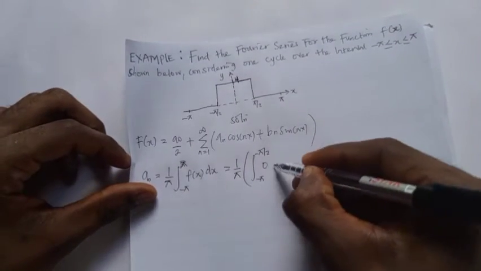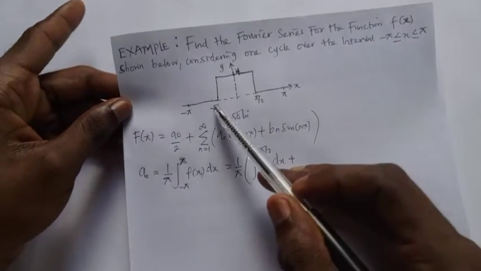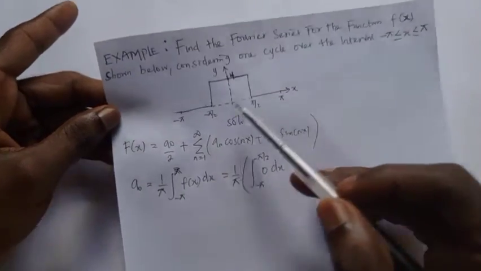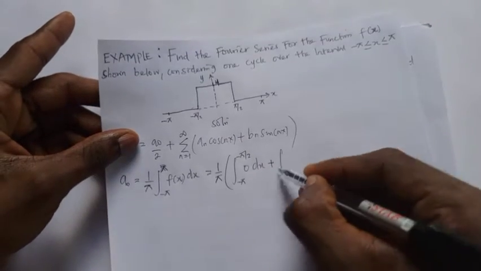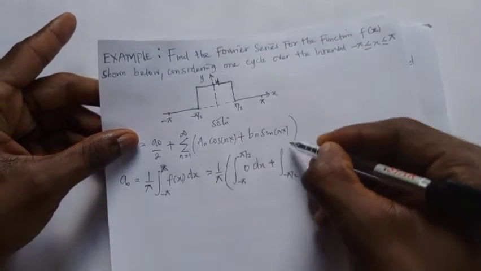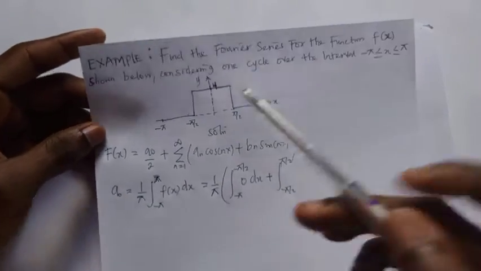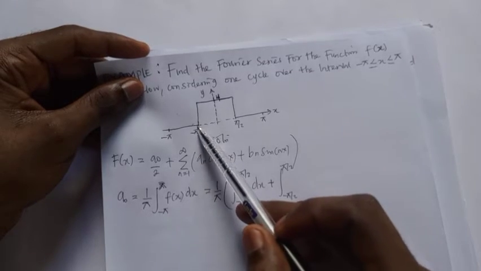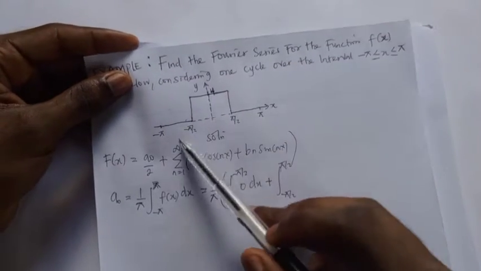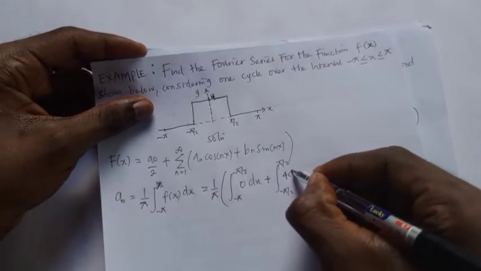So we have 0 dx, plus the next interval is from minus pi over 2 to pi over 2, which is the integral of minus pi over 2 to pi over 2 of f of x as well. What is the value of y when x is within minus pi over 2 to pi over 2, which is 4. So we have 4 dx.